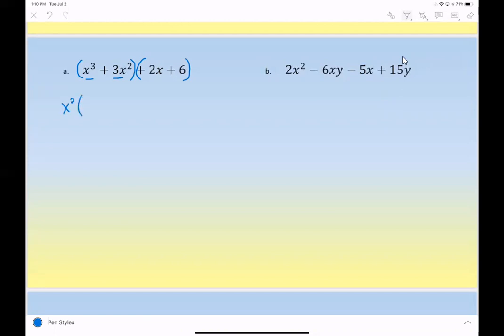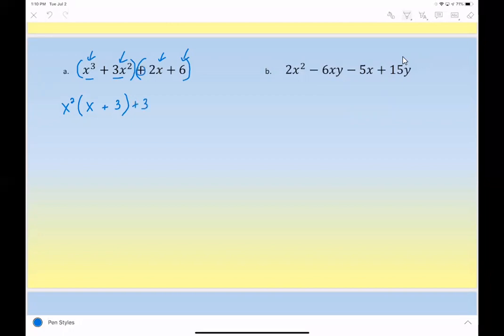Remember from the GCF mini lesson that we divide x squared into each of these terms. I'm not going to write it this time, but x cubed divided by x squared gives us an x, and 3x squared divided by x squared is just a plus 3. Now we'll look at the second group, 2x and 6. The common factor is going to be a plus 2 as our factor.